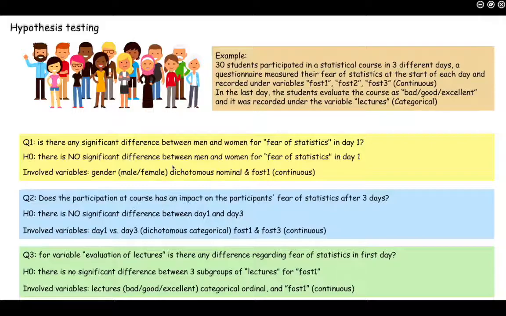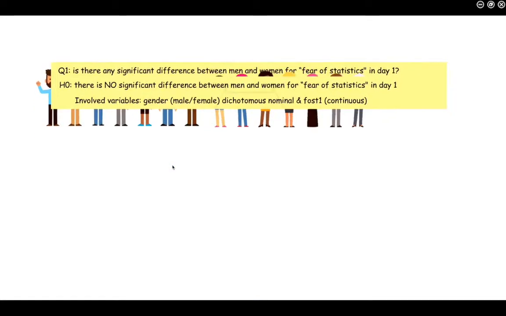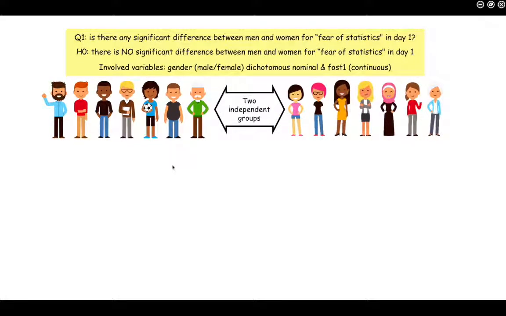Okay, let's go and do question number 1. The first thing you see is that we divided the participants into 2 groups, and these groups are independent regarding fear of statistics. It means fear of statistics in women is not dependent on fear of statistics in men. This is absolutely independent. So we have 2 independent groups, and we are measuring a continuous variable between them.